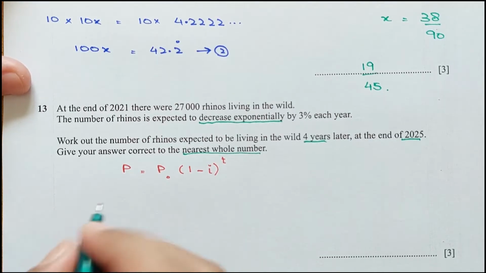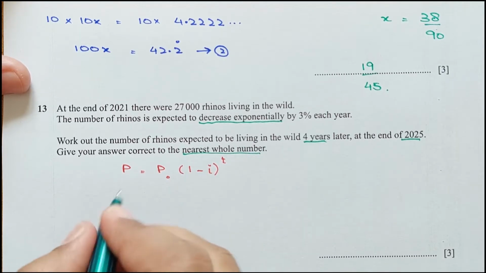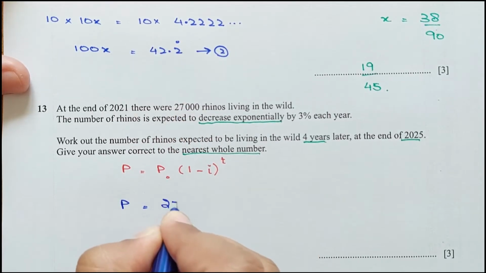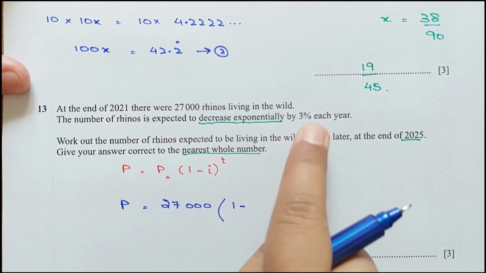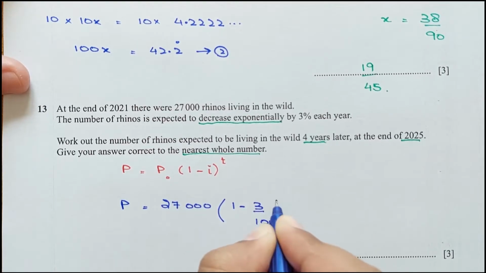So we have to solve for the population of rhinos expected to be living in the wild after 4 years, right? So this is P we have to find. P naught is the initial one, which is 27,000. 1 minus, and the rate is 3%, 3 out of 100. And the time is 4 years. Just simplify.